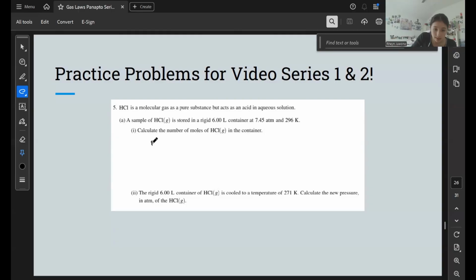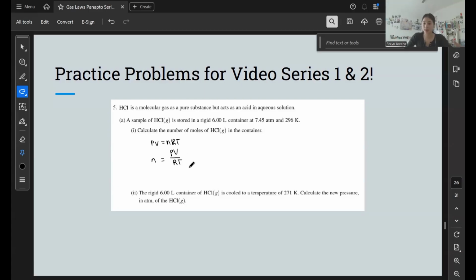So you can say PV equals nRT, or in that case, n is equal to PV over RT. And then make sure that afterwards you write it out such that they can tell what values you plugged in for which of the representative variables.